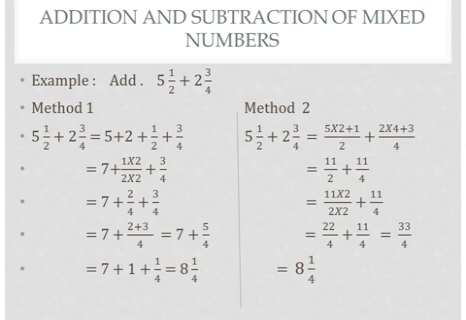So you write 5 plus 2 is equal to 7, and you multiply 2 by 2 and the same for 1 by 2.